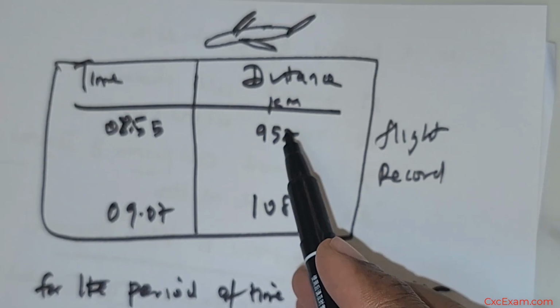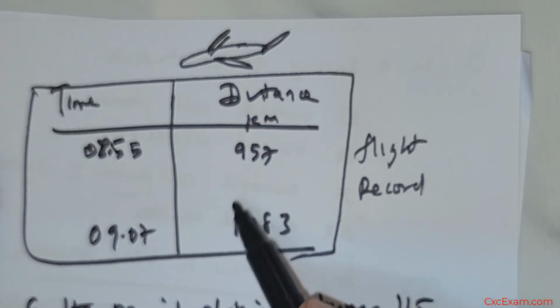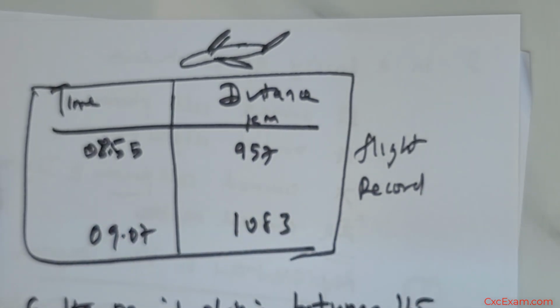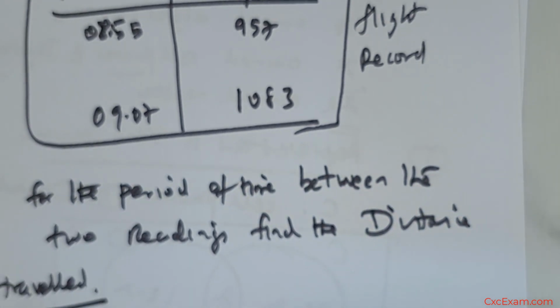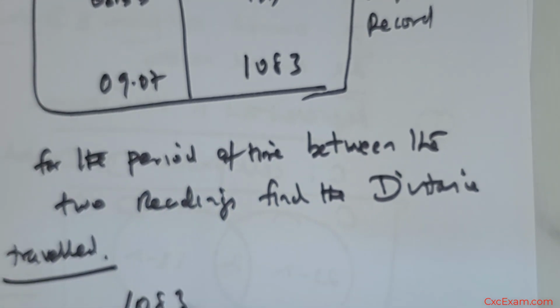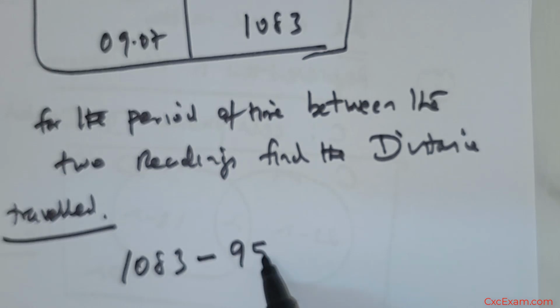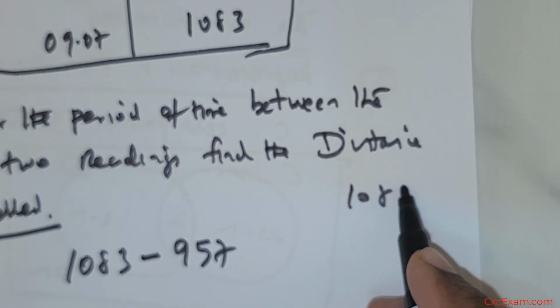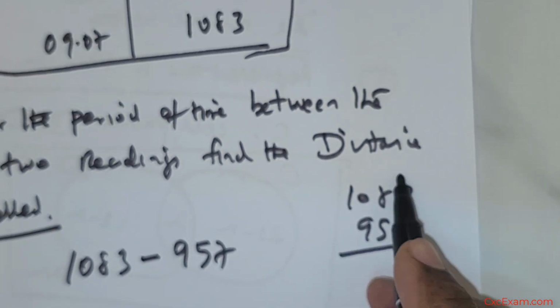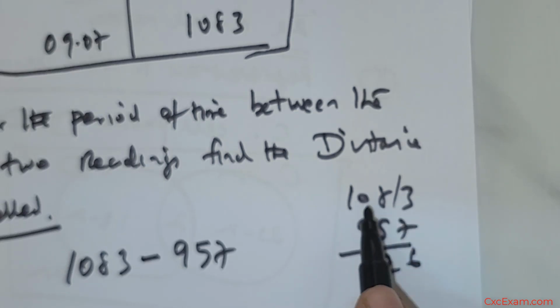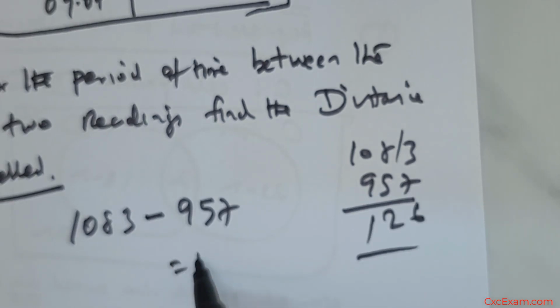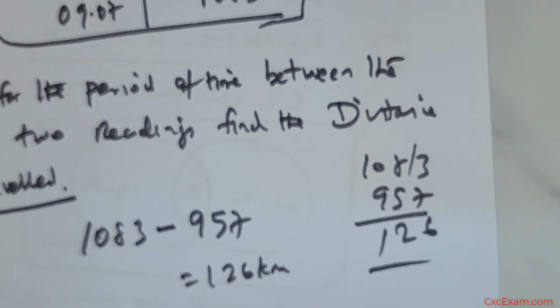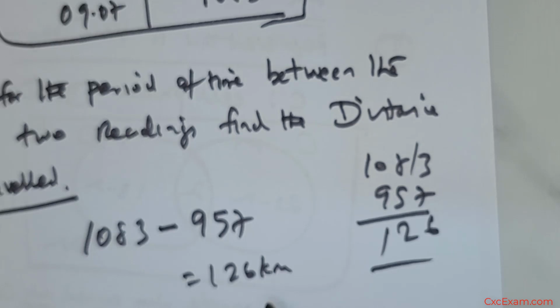So we need to get this distance. Okay, so what we have to do is, from 1083 you subtract 957. You get 126 kilometers. So that's the first solution.